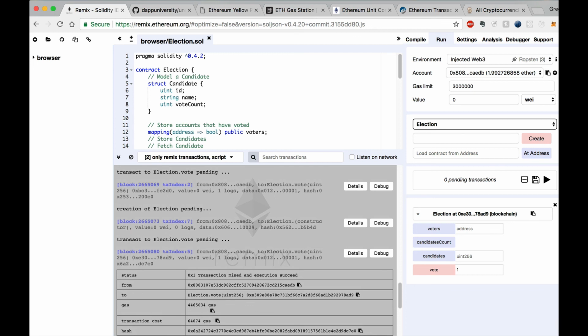Now, understanding gas is very important when you're developing smart contracts and dApps with Ethereum, because you want your Solidity code to be very efficient. You want to minimize the amount of gas that's required to run your code. And in order to do this, you also have to understand the operations your code is executing and understand the actual cost of each operation.